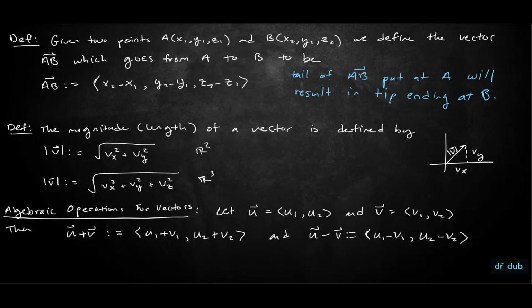And if c is a scalar, a constant, then c times u would be equal to c times u1 comma c times u2.